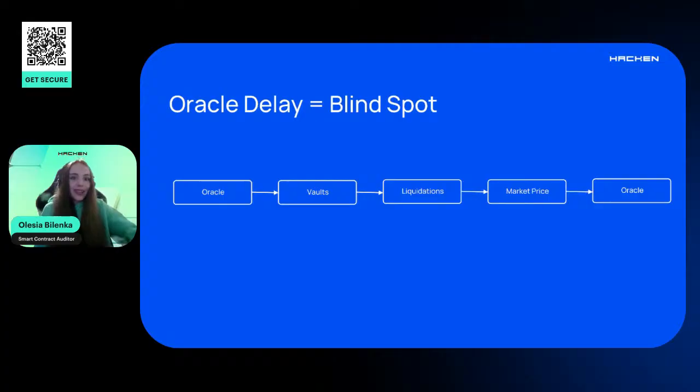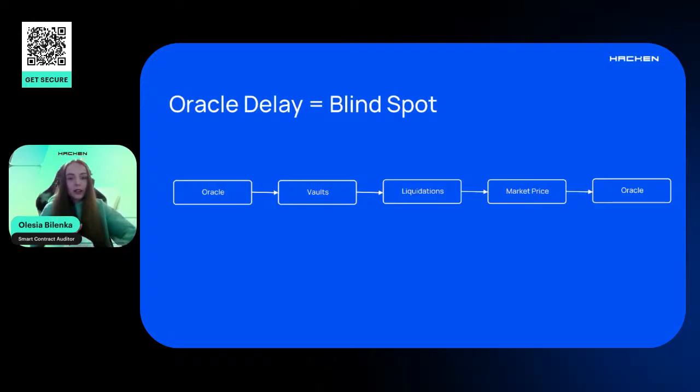The major example is oracles, because oracles connect markets to smart contracts, but their updates are rarely instant. So this delay creates a blind spot, a small or not so small window where the system operates on outdated data.